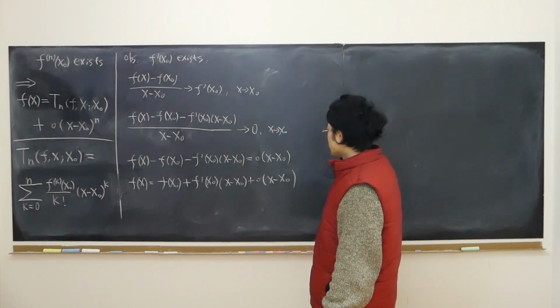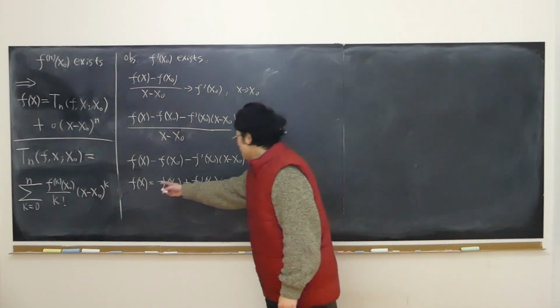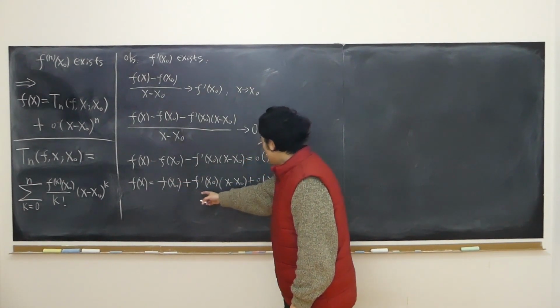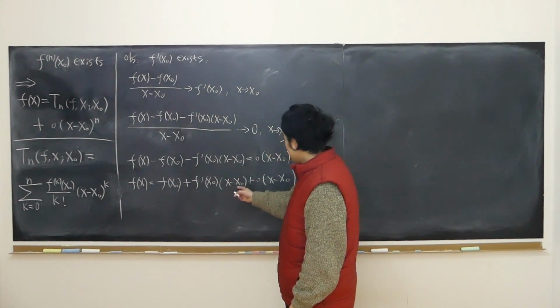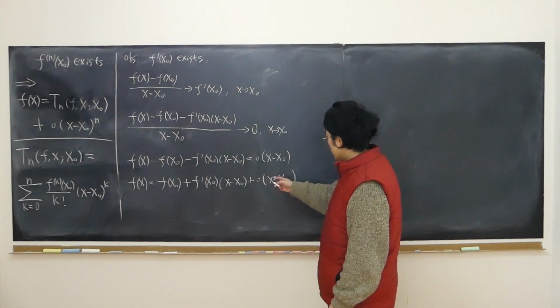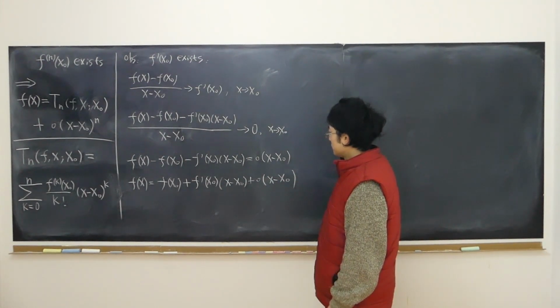So this motivates us to think, okay, now we've represented f of x, our function, as a constant, plus some constant multiplied by another polynomial, plus an infinitely small amount, which is even smaller than x minus x naught.